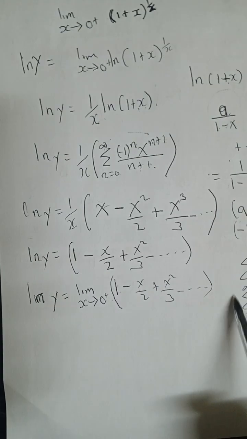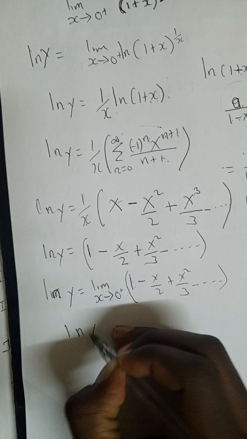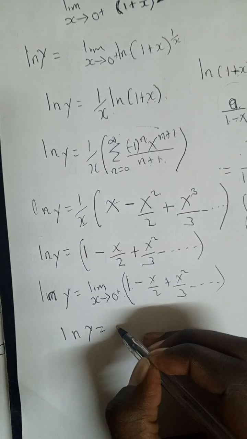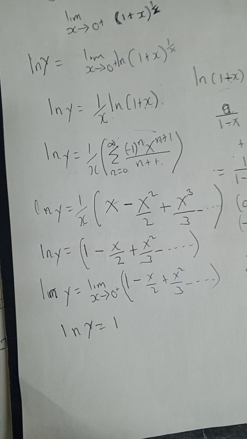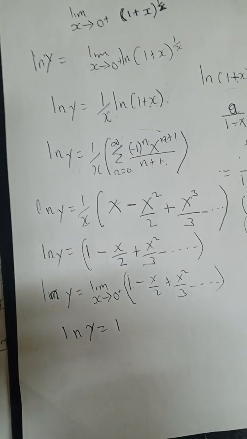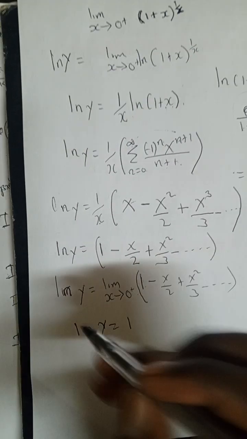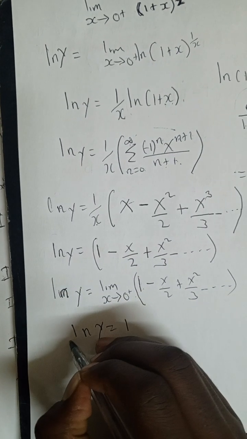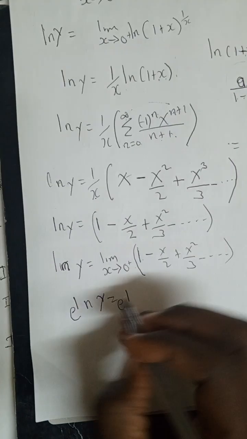So on this right hand side, we are just going to have, at the left hand side, the natural log of y equal to what? Equal to 1. Now, what we really want to find is what y is. So how can we find y? We can just raise both sides to the power of exponent.